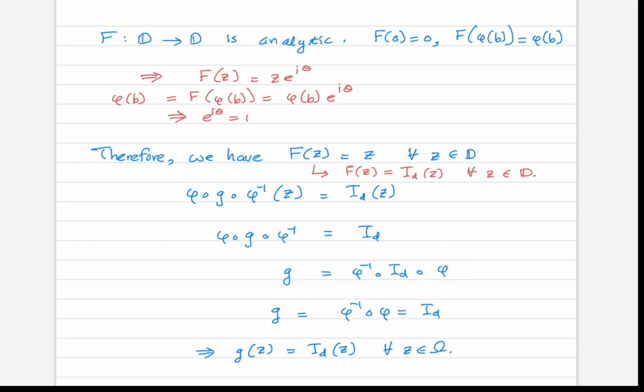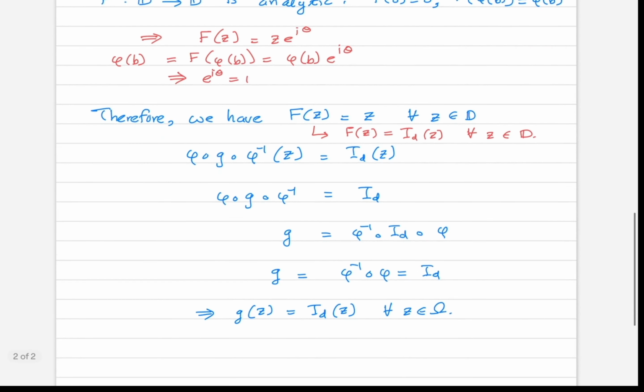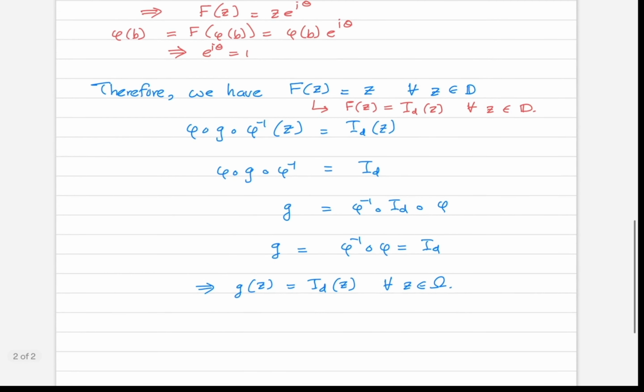If you compose any function with the identity, you would get the same function. So identity composed with phi is phi. So at the end, I would get g equals phi inverse compose phi, which is equal to the identity. So now I can say that the function g is going to be the identity function.